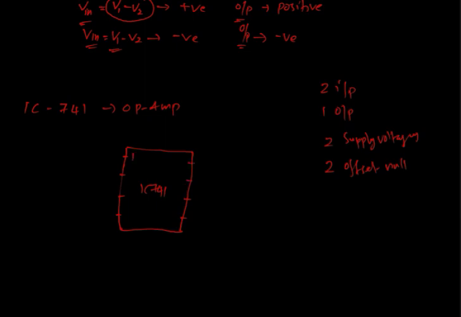This is the pin diagram for IC741, with pin numbers 1, 2, 3, 4, 5, 6, 7, 8. Pin number 2 is the inverting input terminal. Pin number 3 is the non-inverting input terminal.